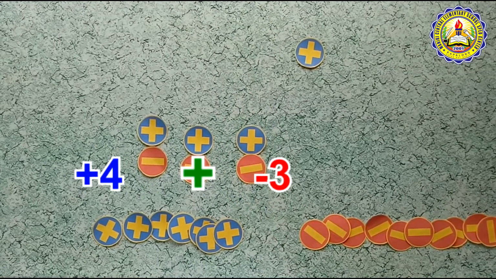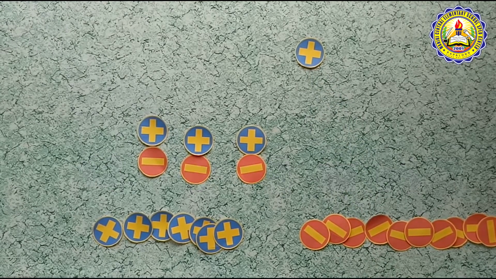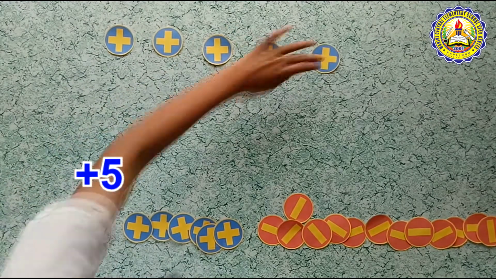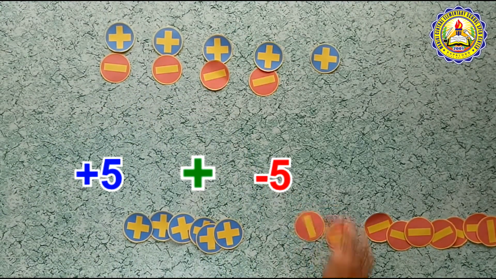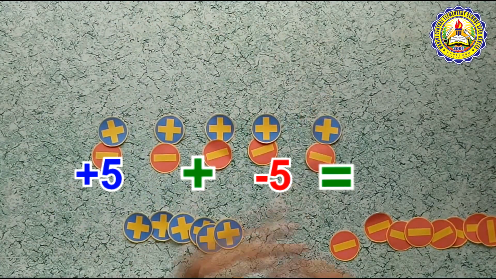So what remains is positive 1. So the answer is positive 1. Positive 5 plus negative 5 equals 0.